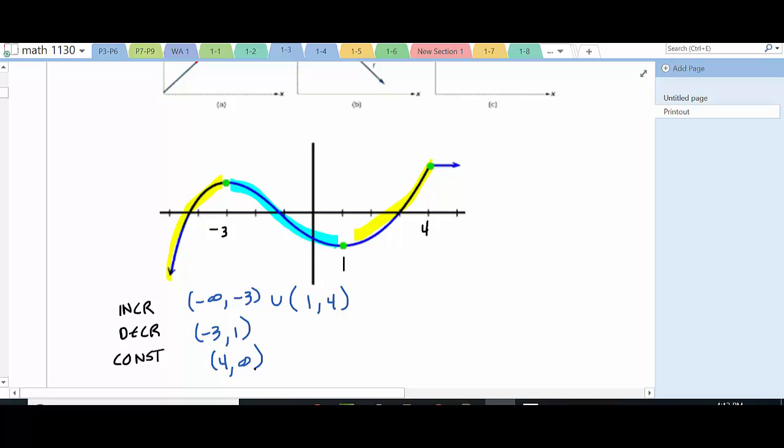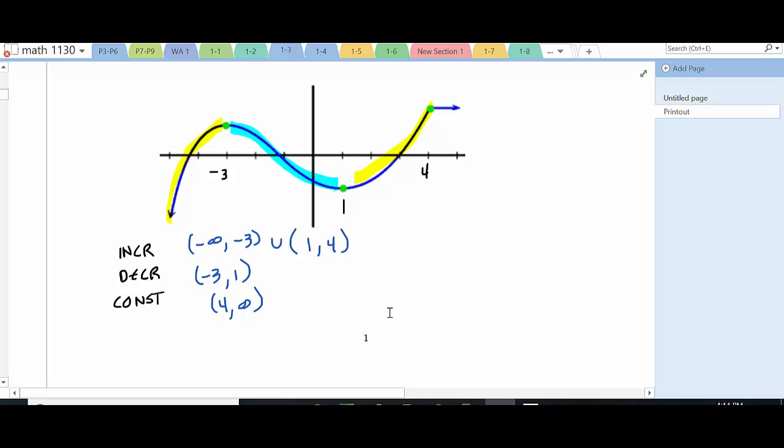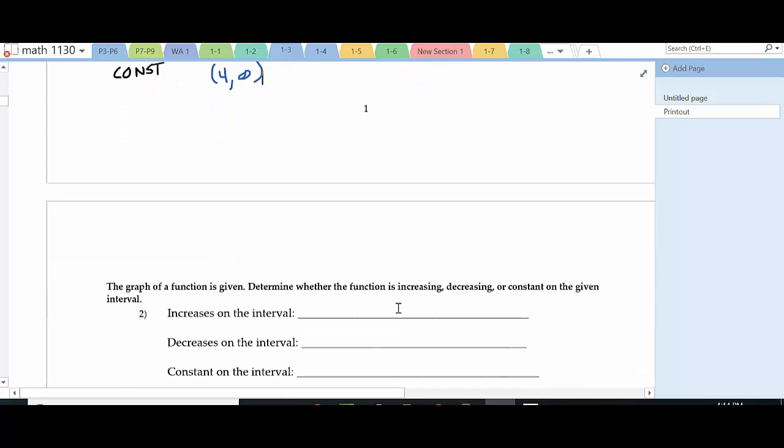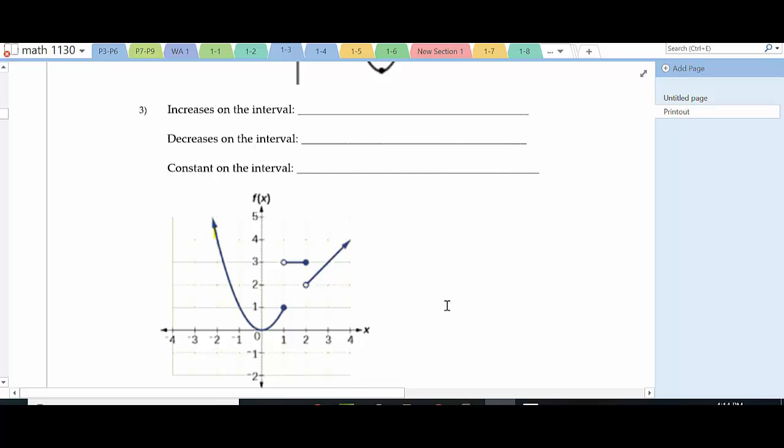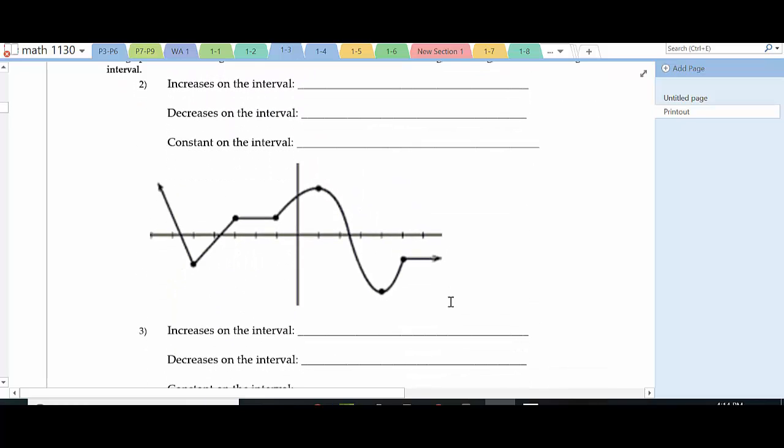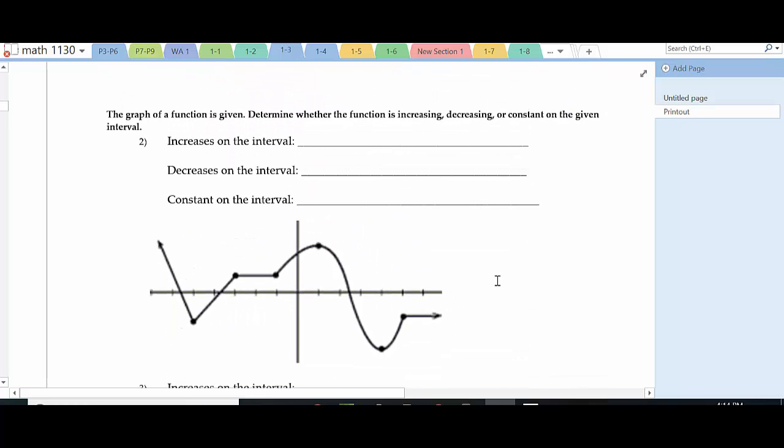Now most of you are going to take calculus next semester, so you'll do this all the time in calculus. You'll do derivatives and things like that, so you want to be solid with how you write your intervals in this class, and get the idea what that is. Any questions on that? Okay, next thing what we're going to do on this, and I'm just going to start with a couple of graphs. So what I want you to do on this number 2, go ahead on this one, and you can just write the answer down on a piece of paper if you want to.